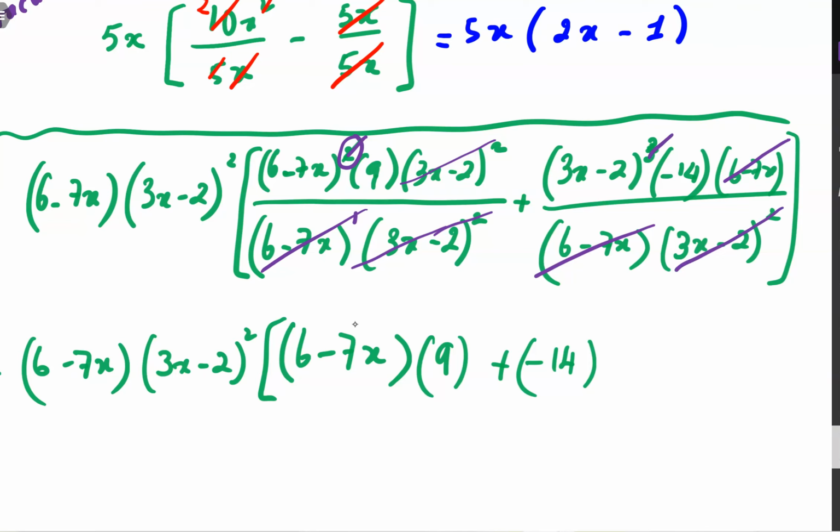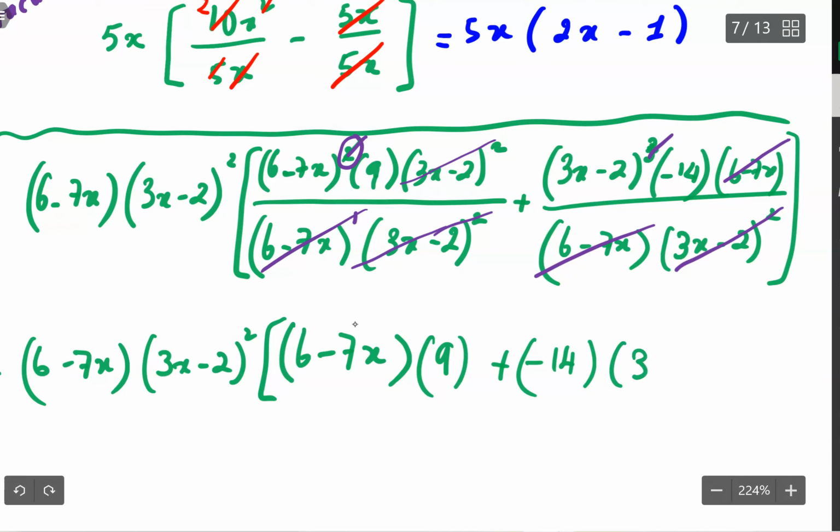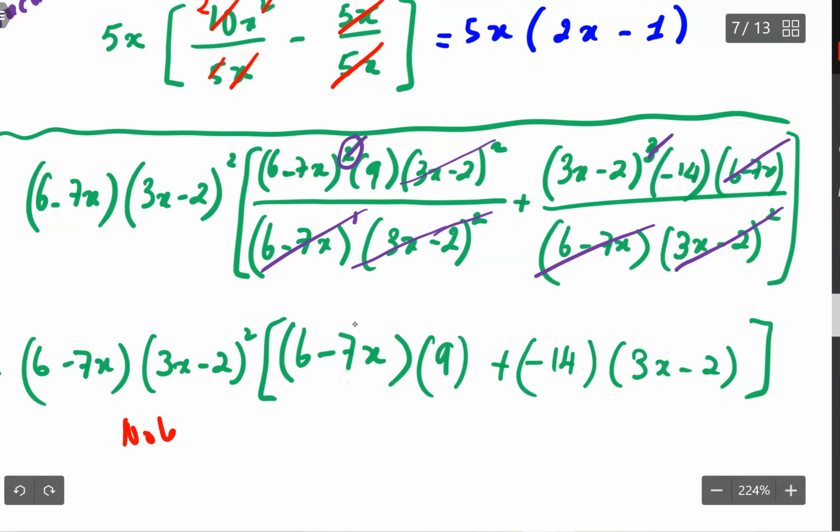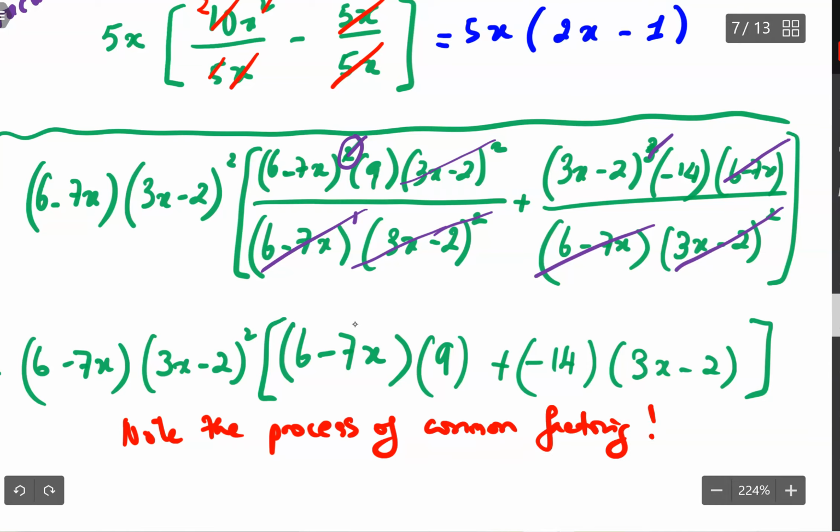So that's why I have 3x minus 2 left inside the bracket, as I have explained above for everyone. Just make sure that you note this. Just keep in mind that's the process of common factoring.